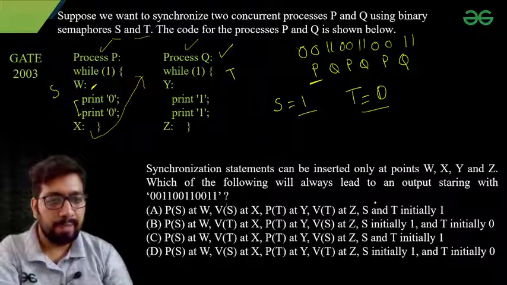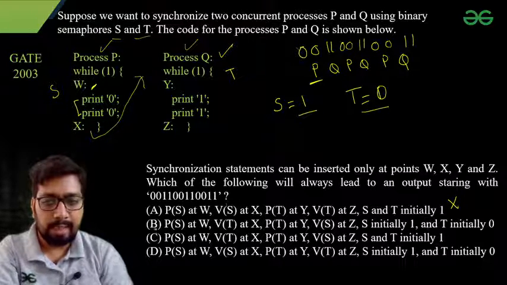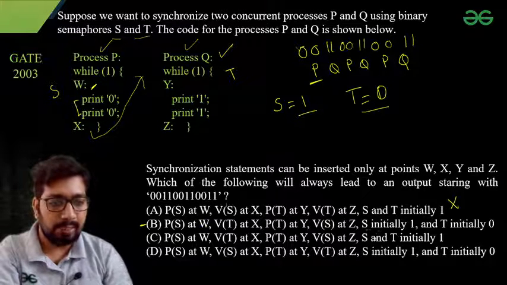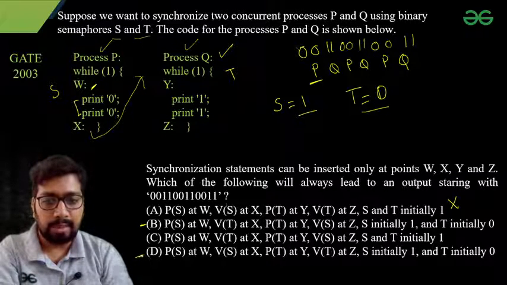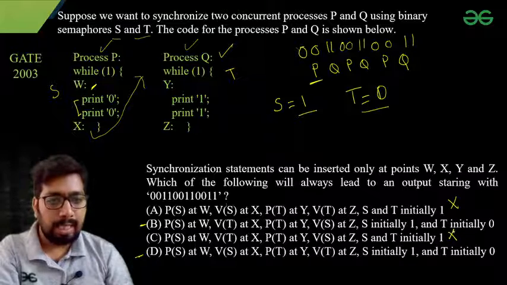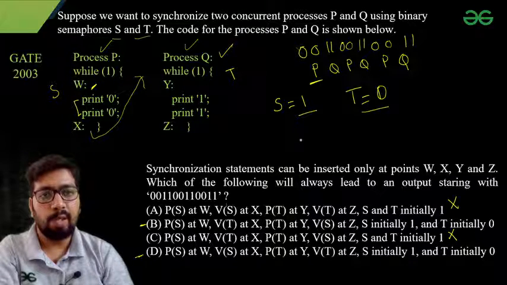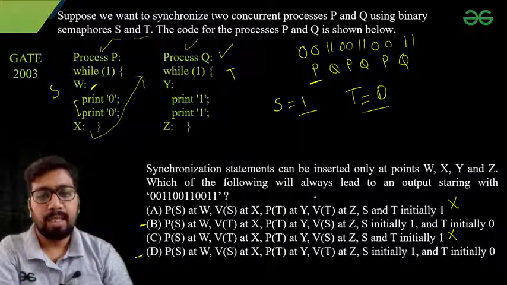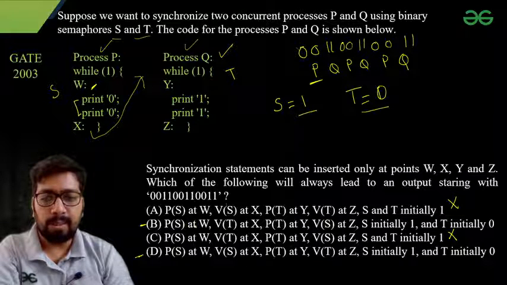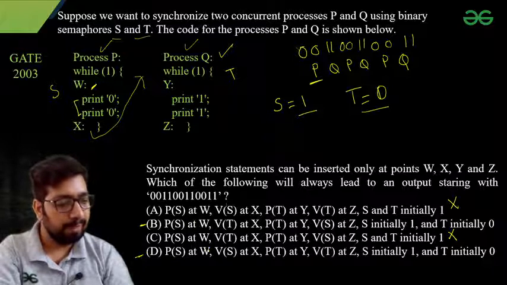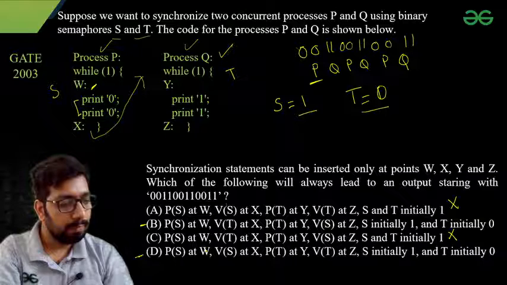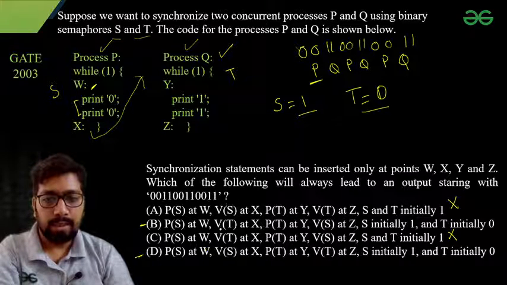So let's see where it is. A cannot be the answer, and B can be the answer, as well as D can be the answer. Fine. A and C cannot be the answer because we want this sequence. Now both are operating P, S, and W. That's fine. And then we can perform. Both are operating.